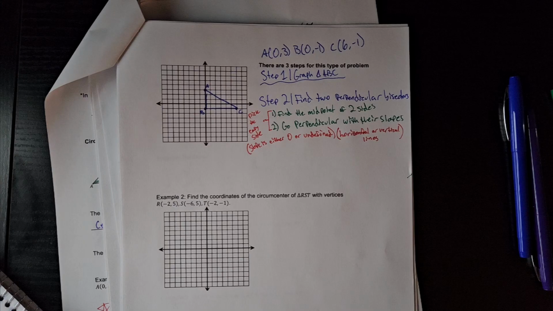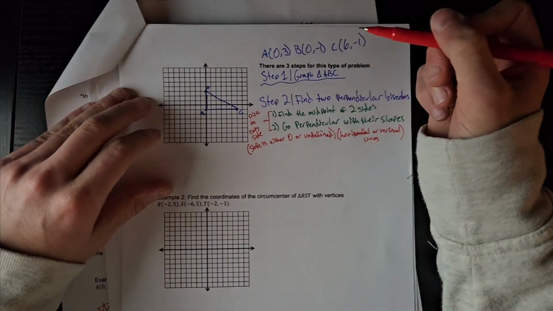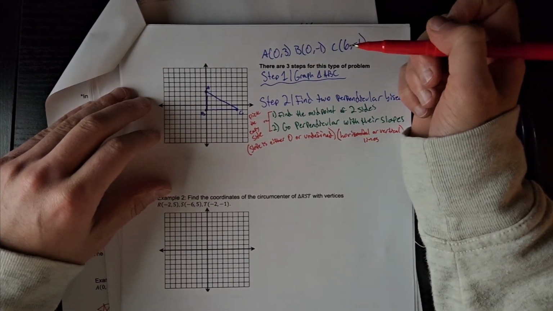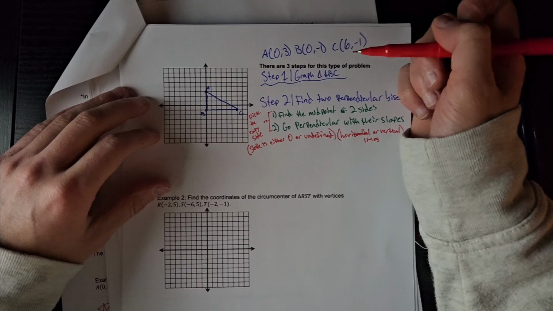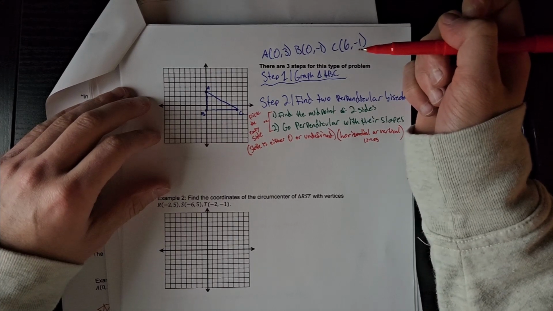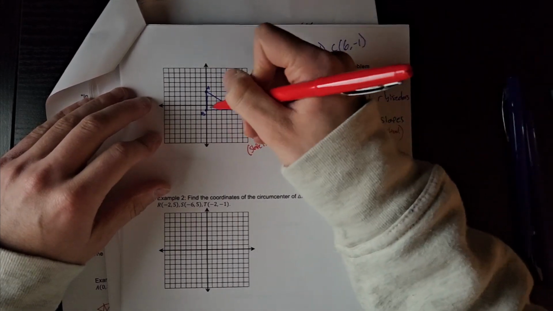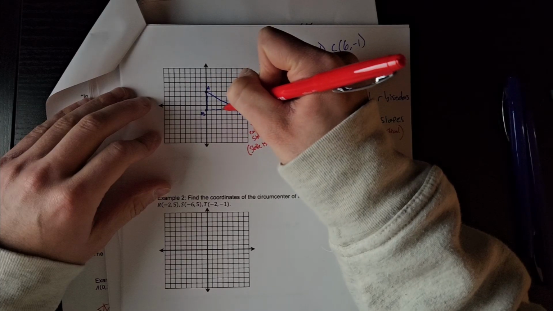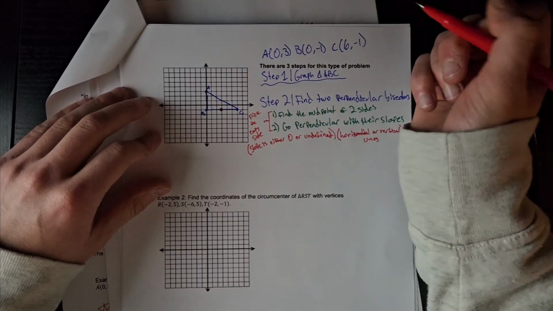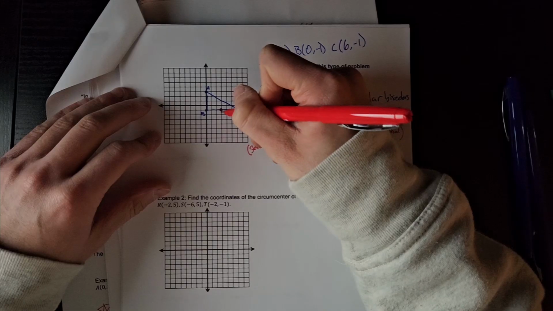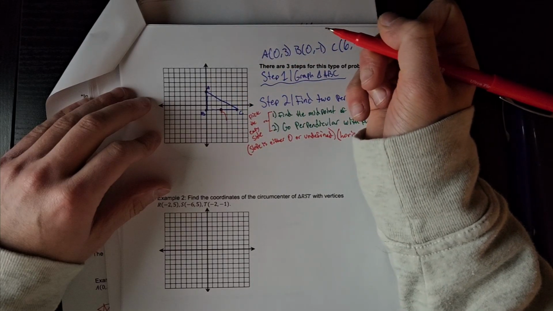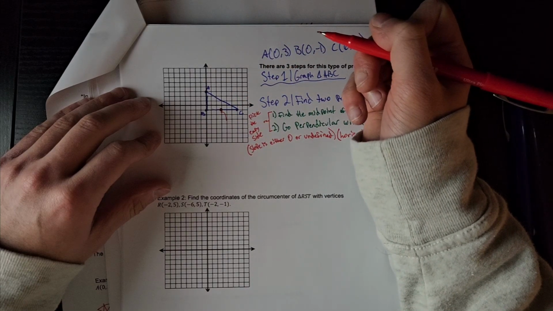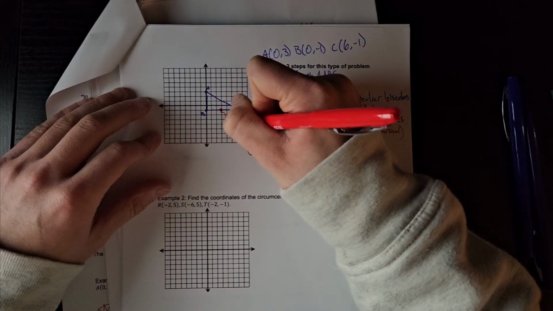Let's get started. I'm going to find the midpoint, and this is why graphing is important, because I don't have to do the equation. I could just count to the midpoint. Like with BC, it's 6 long. That's my midpoint right here. So that is 1, 2, 3. 3, -1.